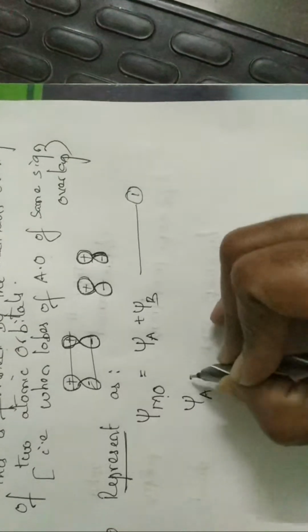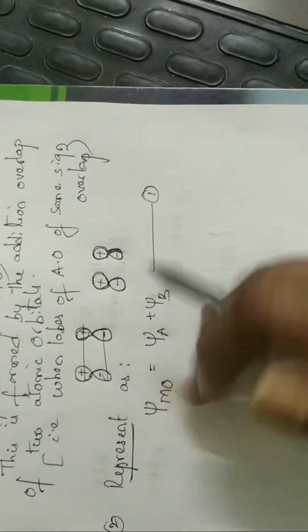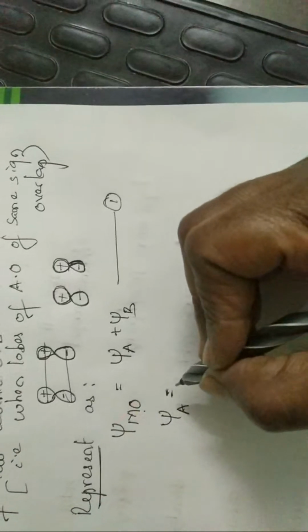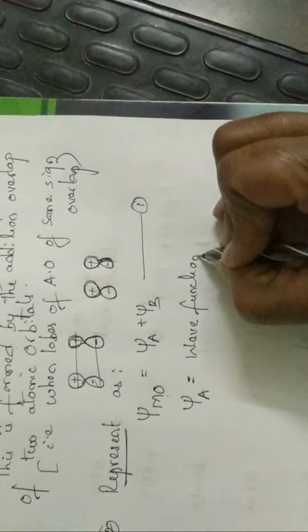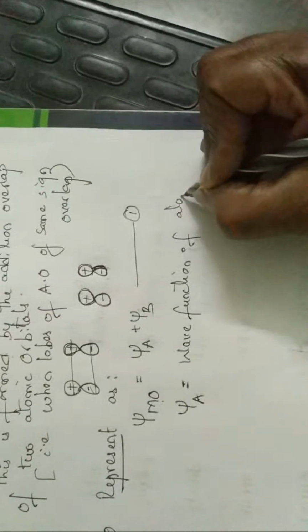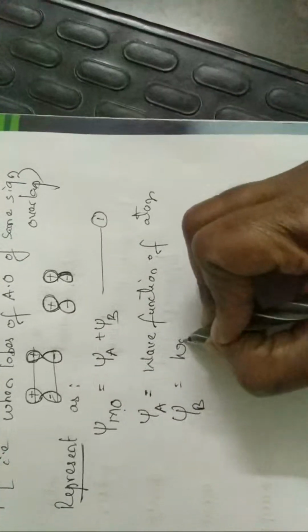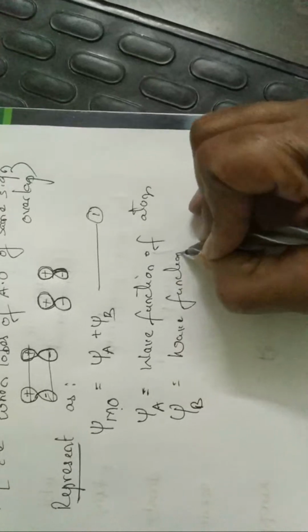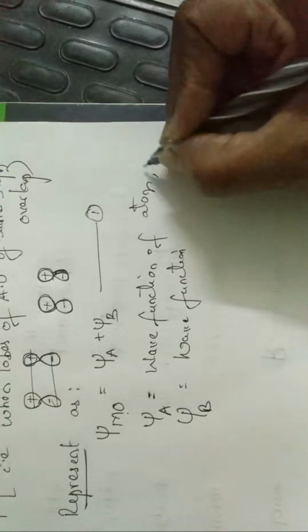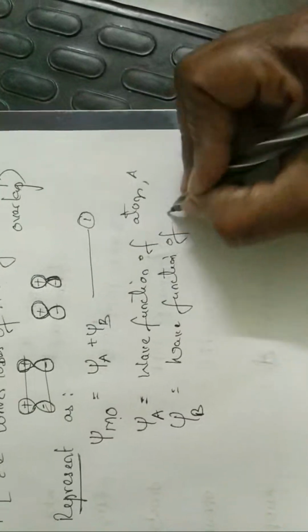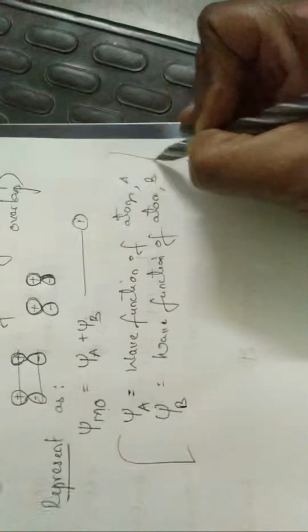Psi A is the wave function of atom A and psi B is the wave function of atom B. I am keeping this in brackets.